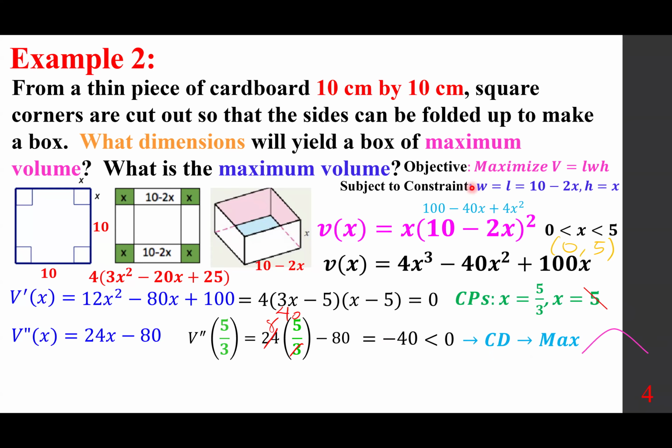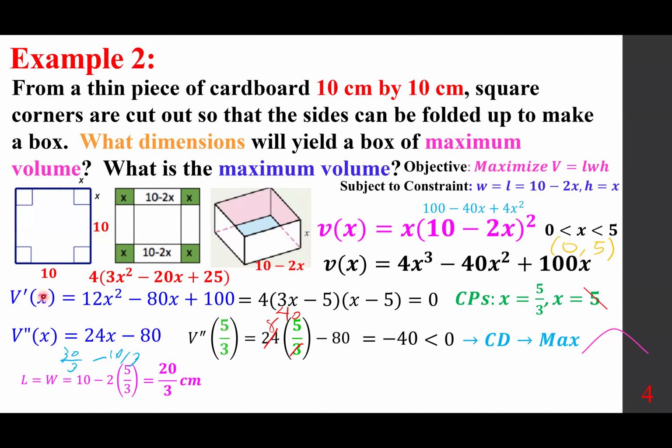So what is the width? What is the length? 10 minus 2 times x, or 5/3. 2 times 5/3 is 10/3. So we make 10 into 30/3, and therefore we have 20/3.